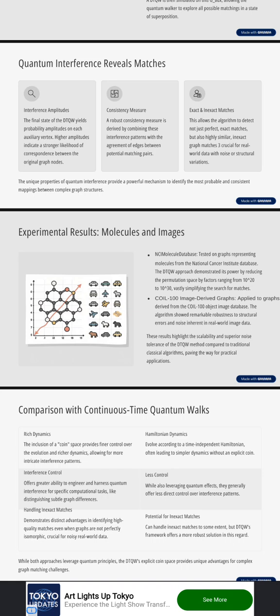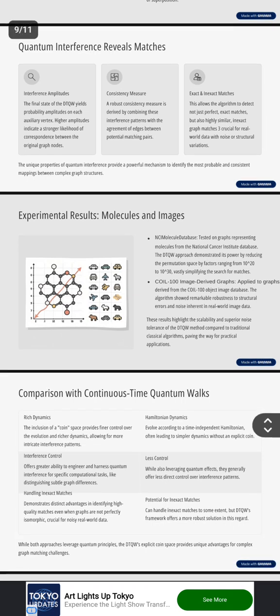Why quantum walks for graph matching? Quantum walks are quantum analogs of classical random walks. They leverage superposition and interference, enabling richer dynamics than classical walks. The evolution of a quantum walk depends on the graph structure, so comparing interference patterns helps compare graphs. The descriptor consists of position space, that is nodes of the graph, and coin space, which determines the direction of the walk.